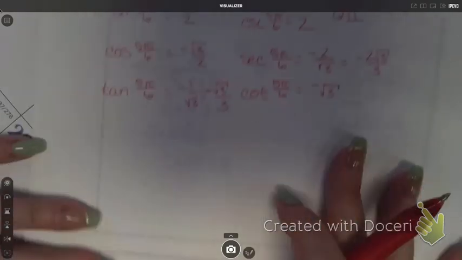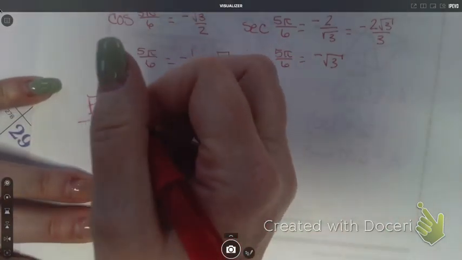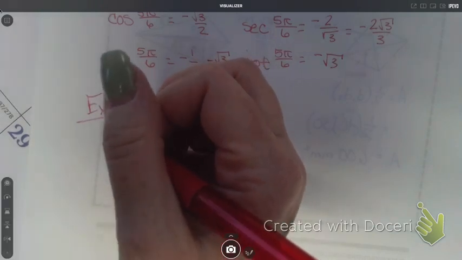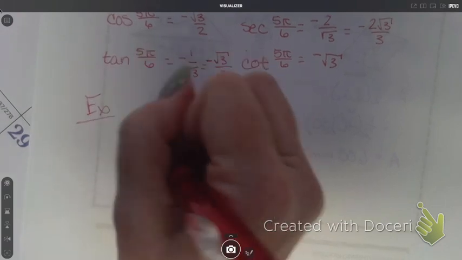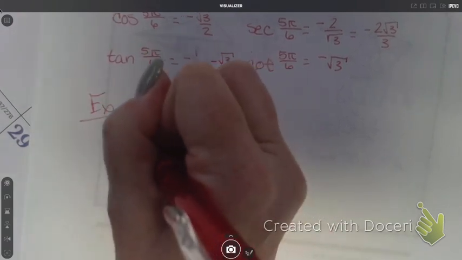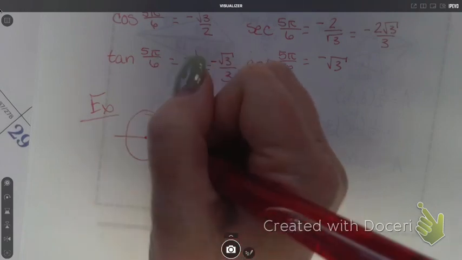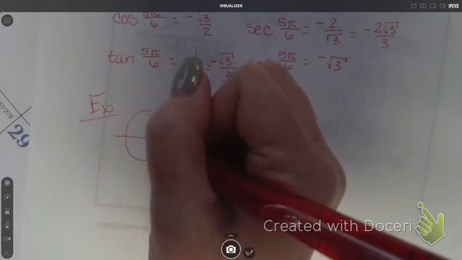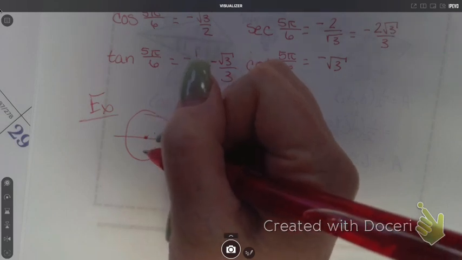If I tell you a point, I'm going to read it. It says, if theta is in standard position, so that means it starts here, and the terminal side intersects the unit circle at -1 over the square root of 10.